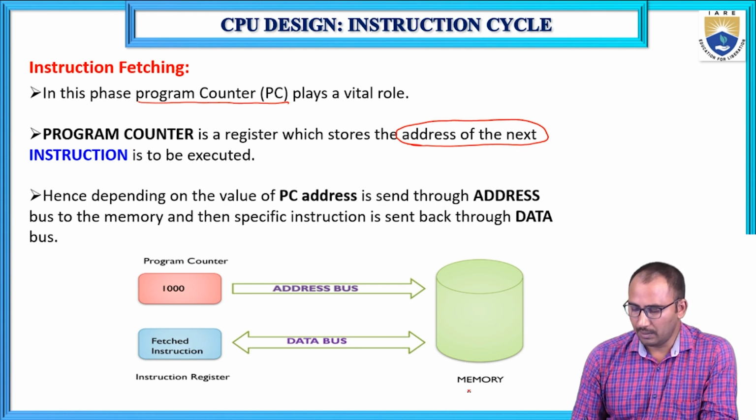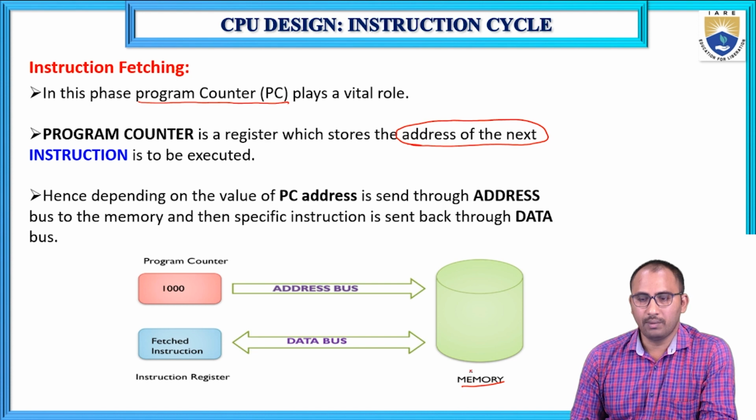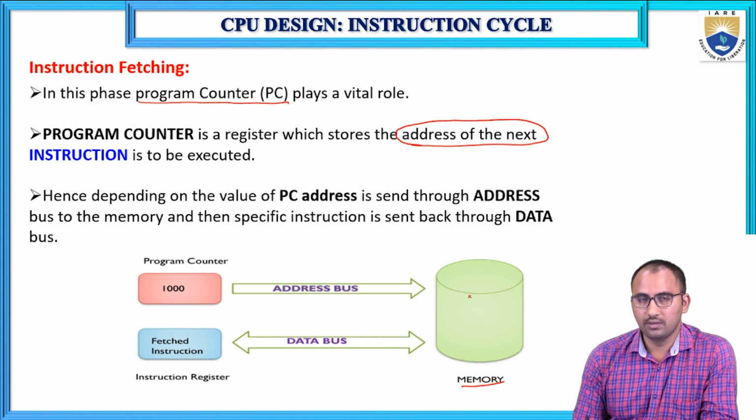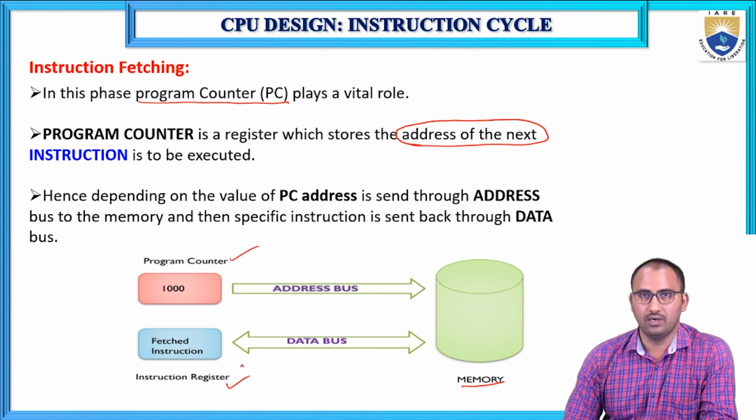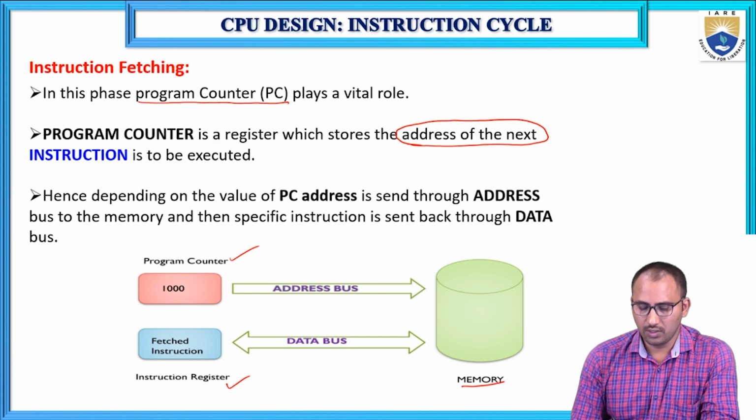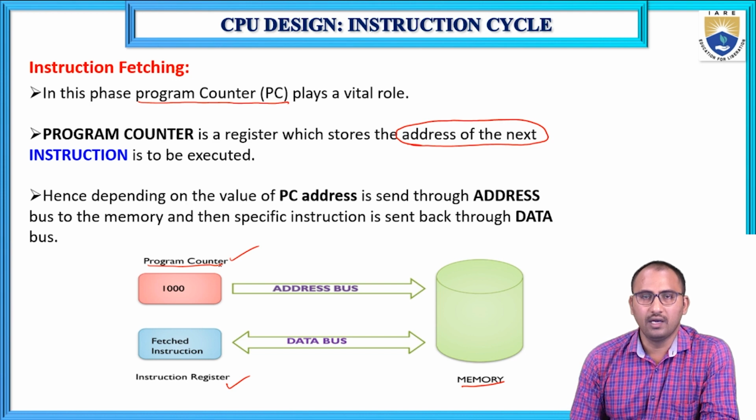So this is the memory. In memory we have instructions stored, and we have a program counter and an instruction register. During the instruction fetch phase, the program counter stores the address of the next instruction to be executed.